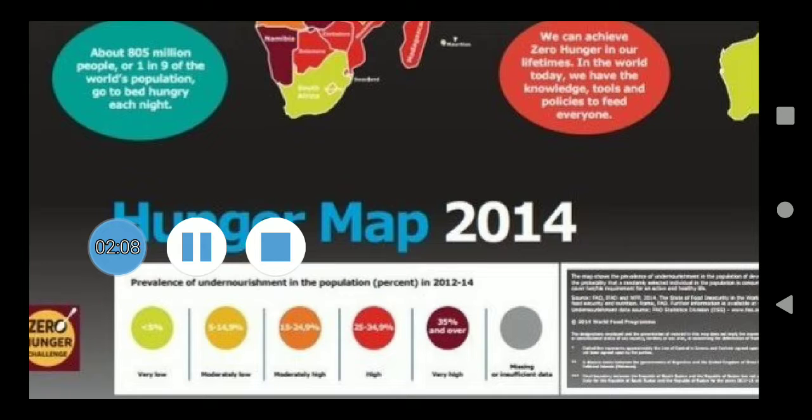So here we can see that many people in parts of the country as well as the world have a lesser amount of food for intake. We are in a position to achieve zero hunger in our lifetime with the help of our technology.